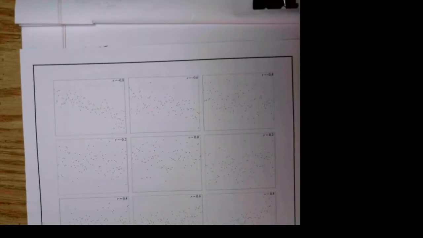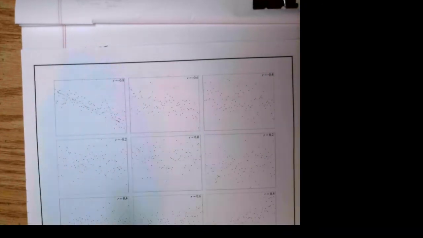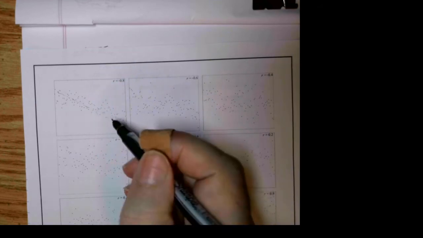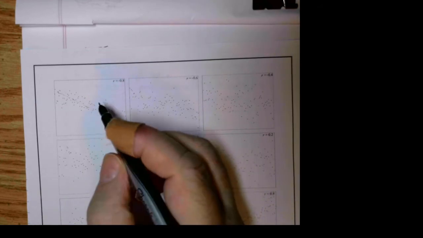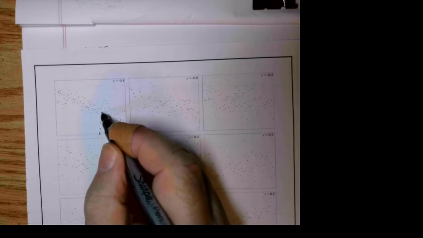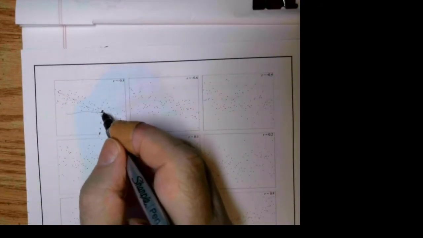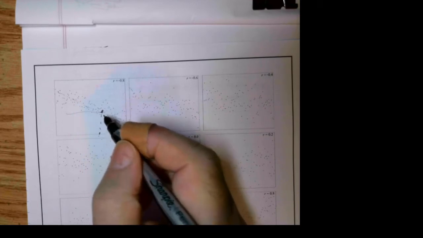Okay, here are some other examples. Here is R equals -0.8, and you can see these dots are reasonably close to some line. They're pretty messy, but if you use the line as a predictor, you really wouldn't be that far off in most cases. Remember, if you had an X value here, and you went up to the line and found the Y value, this point right here would not be a terrible predictor of what you would expect the Y value to really be.